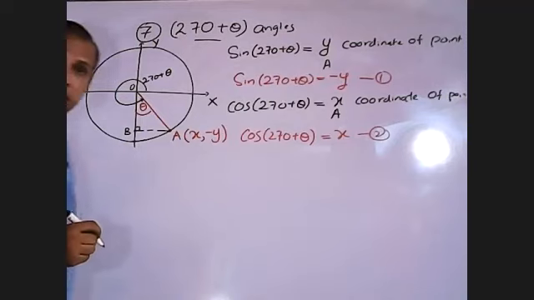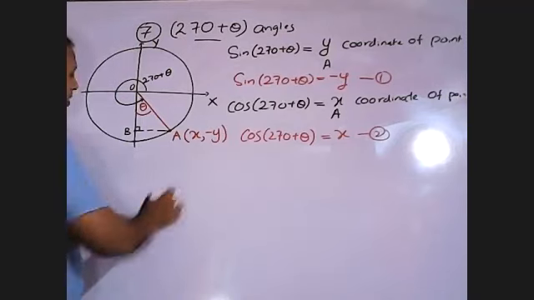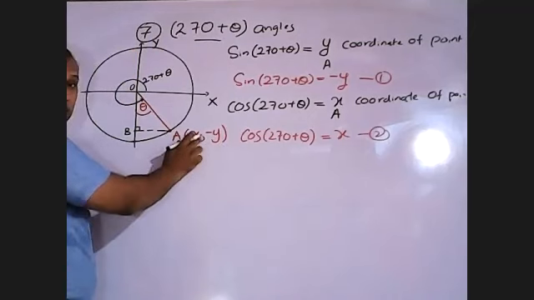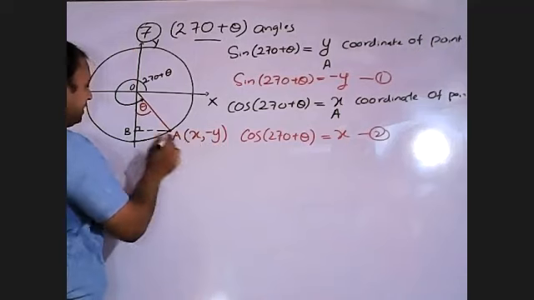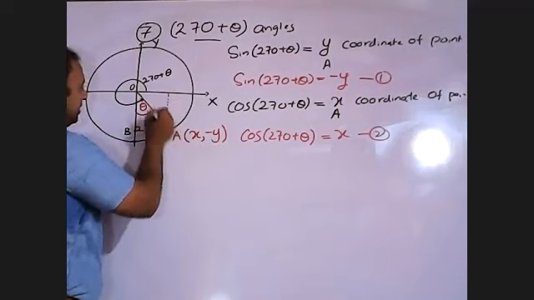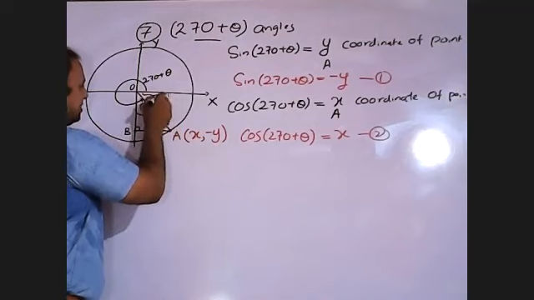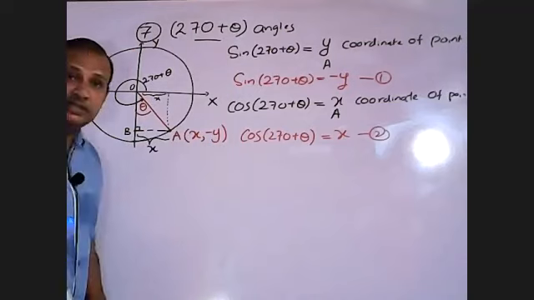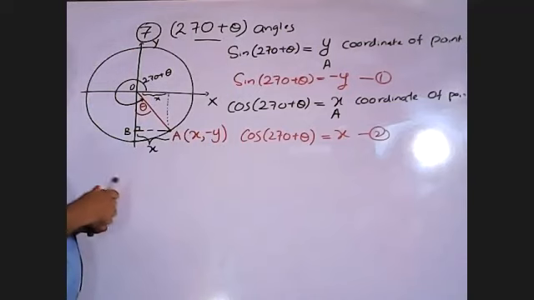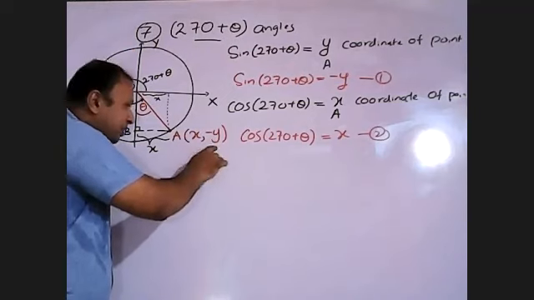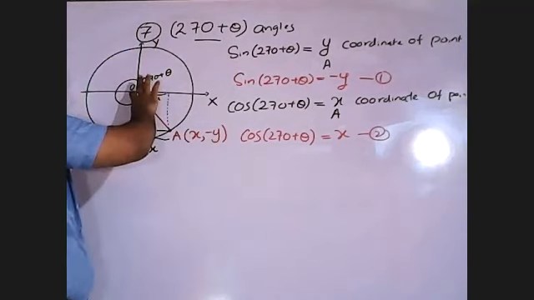Now I can mark the lengths. The x value of this point is x. That means this length is x. The magnitude of the y value is y.